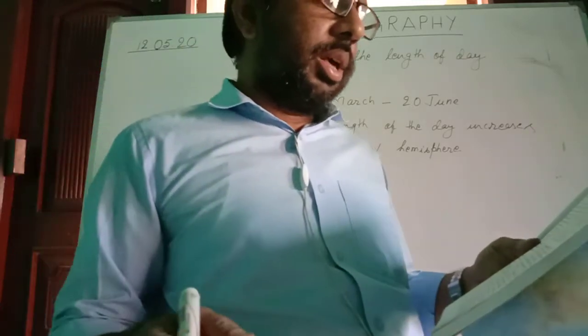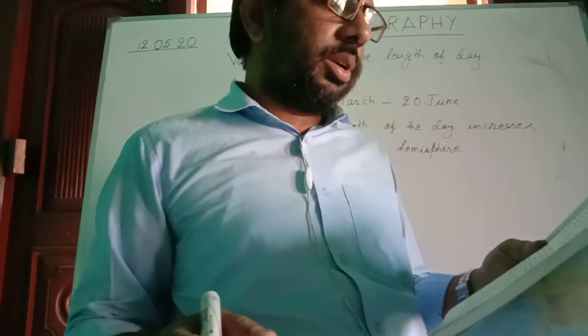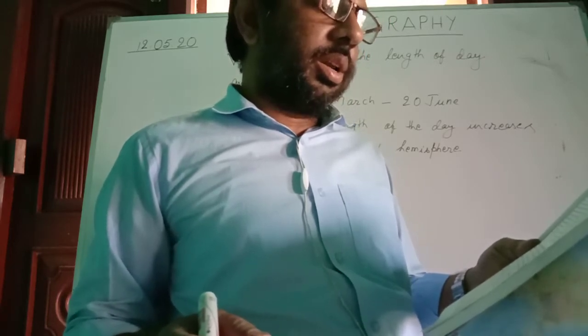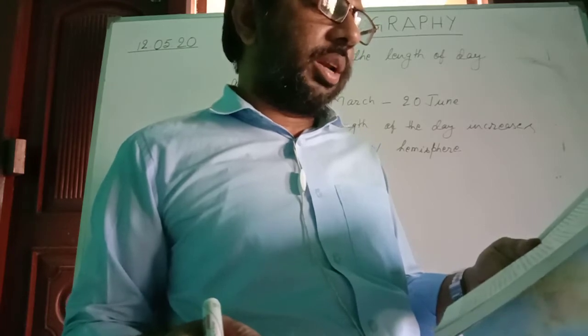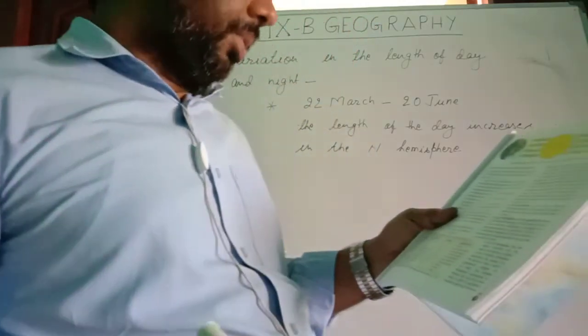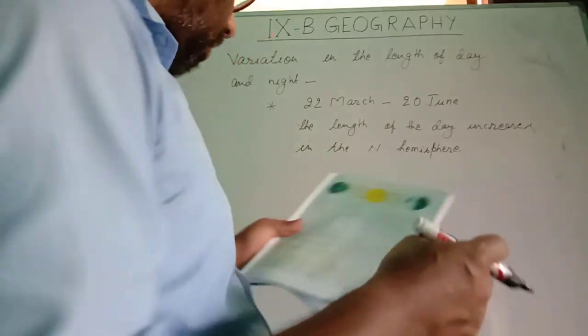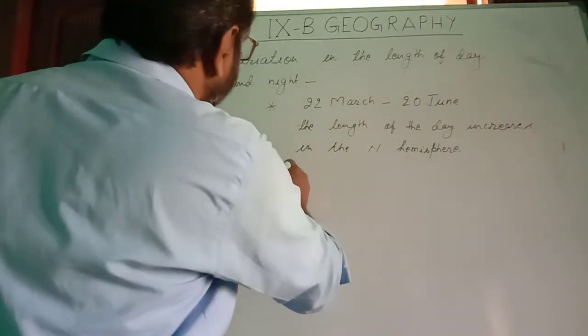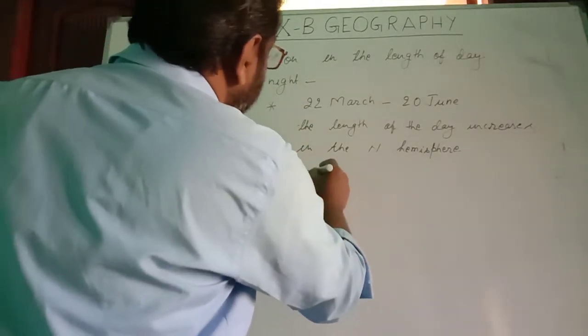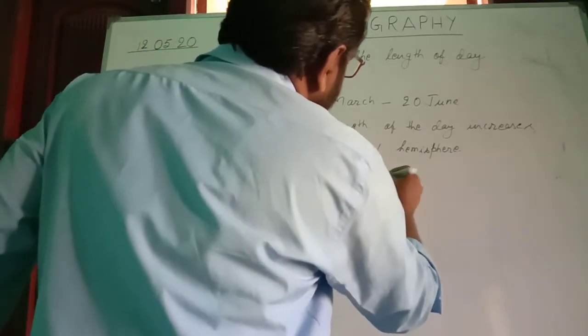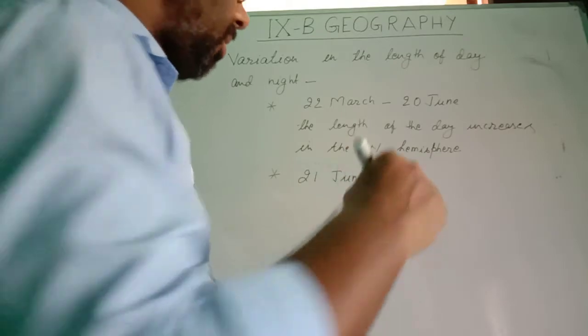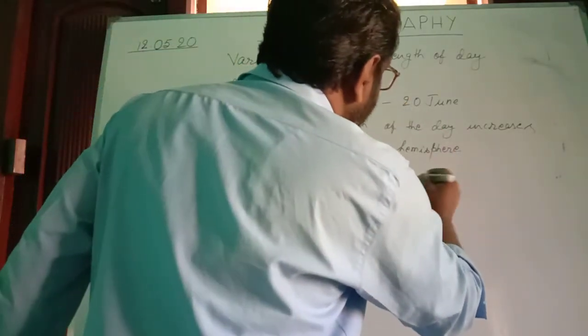The southern hemisphere experiences the shorter day, and the Antarctic Circle at 66.5 degrees south experiences complete darkness for 24 hours. This happens on 21st June, which you know as the summer solstice.